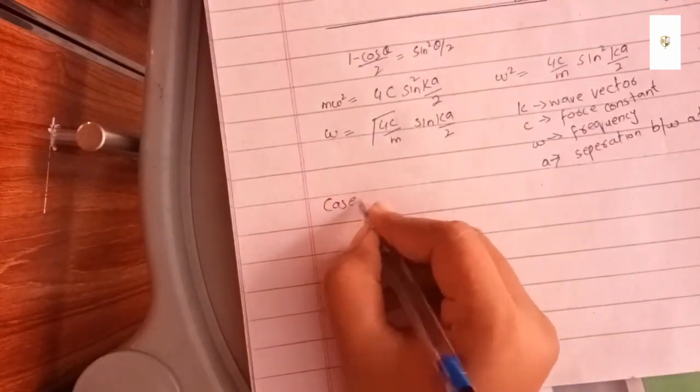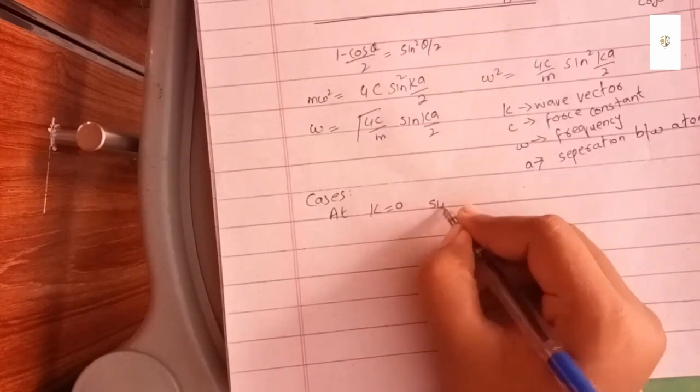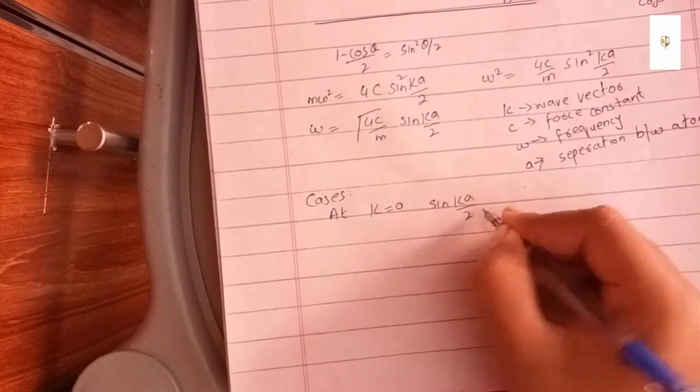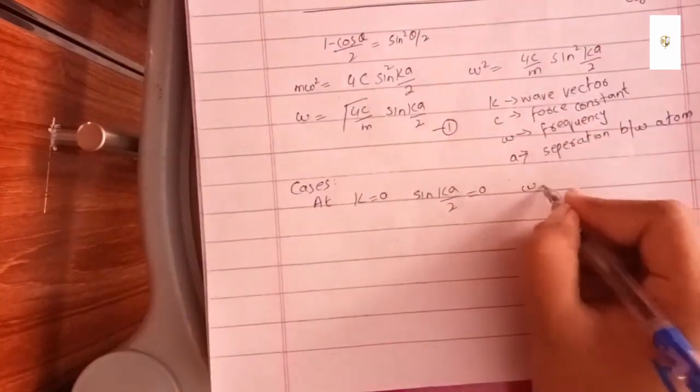Now we will discuss some cases. At K is equal to 0, sin(Ka over 2) becomes 0. So omega becomes 0.